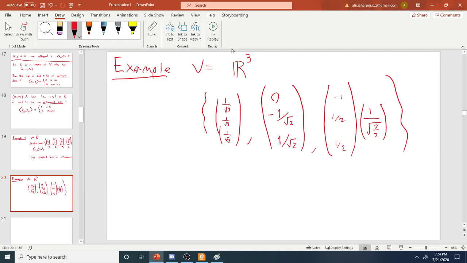So, claim: this is an orthonormal basis.